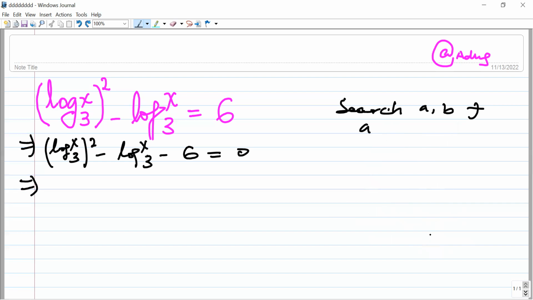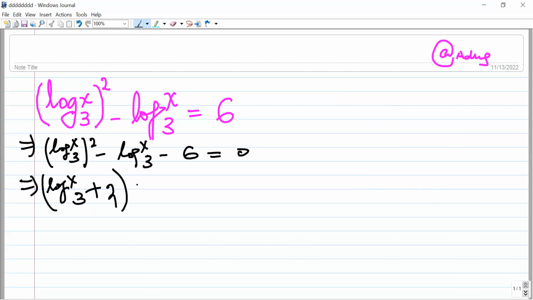So let's go for factorization. After factorizing, we get (log of x to the base 3 plus 2) times (log of x to the base 3 minus 3) is equal to 0.